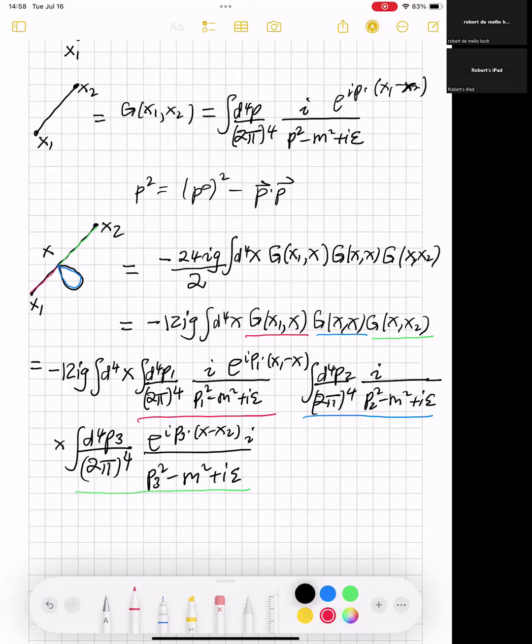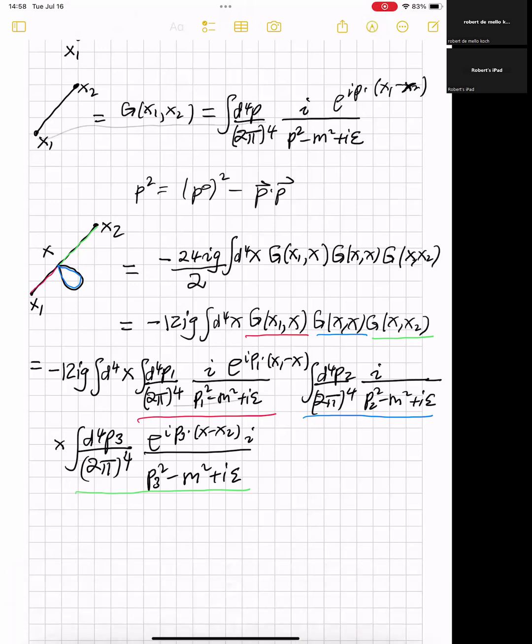Okay, good. Now, I want to do the integral over x. So let's write this as minus 12ig, integral d4p1 over 2 pi to the 4, and integral d4p2 over 2 pi to the 4 and an integral d4p3 over 2 pi to the 4.